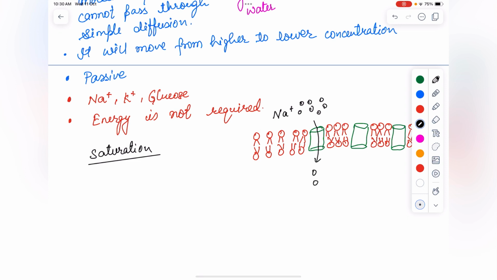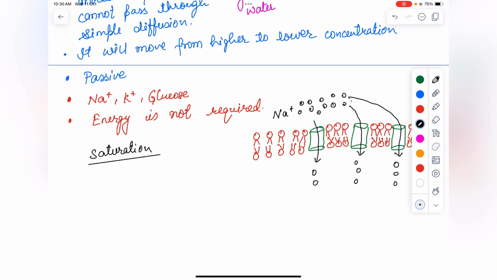If more sodium is present outside, the channels will help in the transportation of sodium molecules. अगर सोडियम का concentration outside the membrane is high, and all the channels are transporting the sodium inside the cell, that point is called saturation.